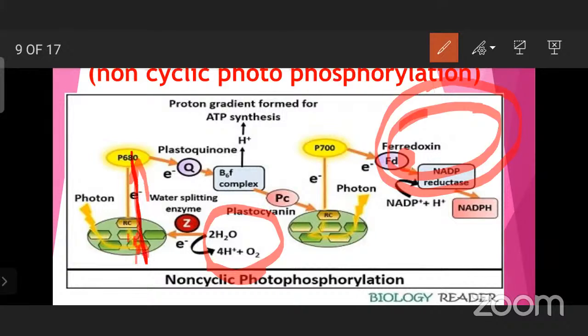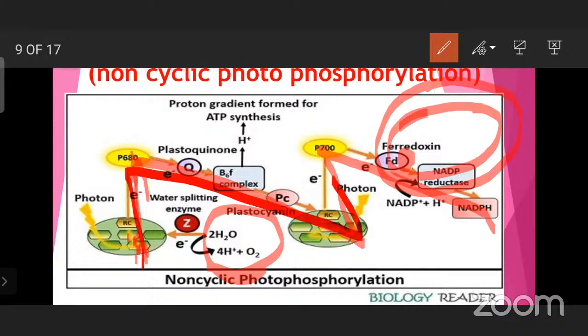The electron is going like this to PS1, and PS1 is also losing its electron, and that electron is taken by NADP and becomes NADPH. So you can see in this fashion the electron is transported, and it is not coming back to the chlorophyll. This chlorophyll's electron is given to that chlorophyll, and here the water molecule's electron will be taken by this chlorophyll molecule.